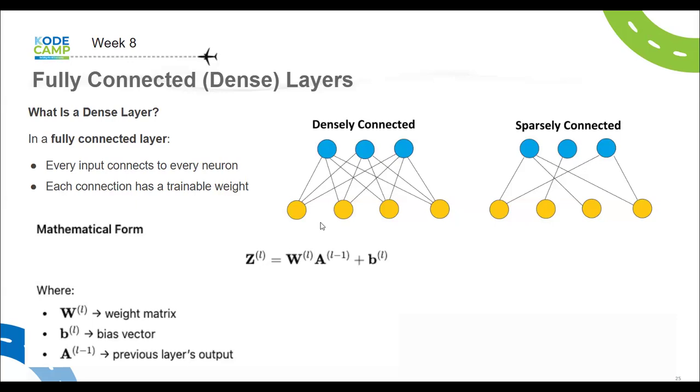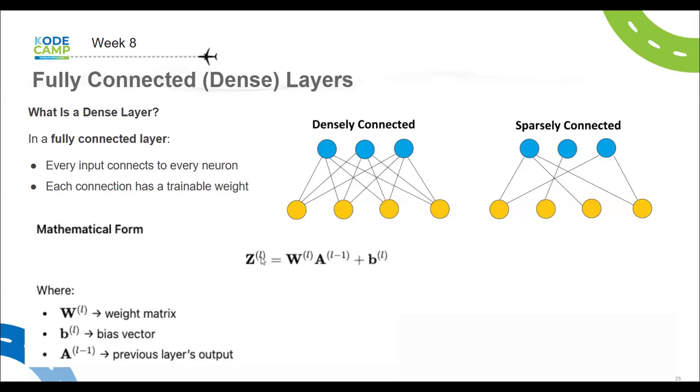Remember, when talking about neural networks, we typically use the letter A to represent the output, not Y. Y is normally used for the final output from the output layer. From hidden layers, we use A to represent intermediate outputs, so activations. And we use the superscript L to represent the layer that we are currently dealing with.